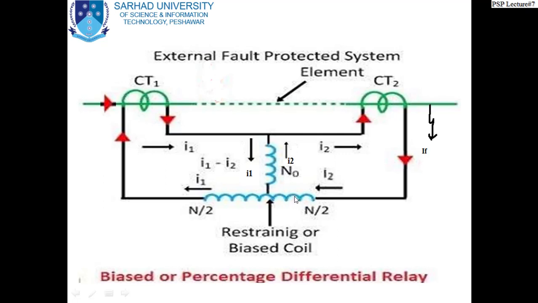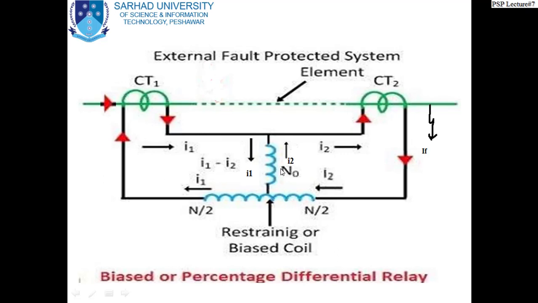The restraining torques produced by these two coils, which have the mid connection, are added together to give the total restraining torque. Half the turns are here, n by 2, and half the turns are here, n by 2.